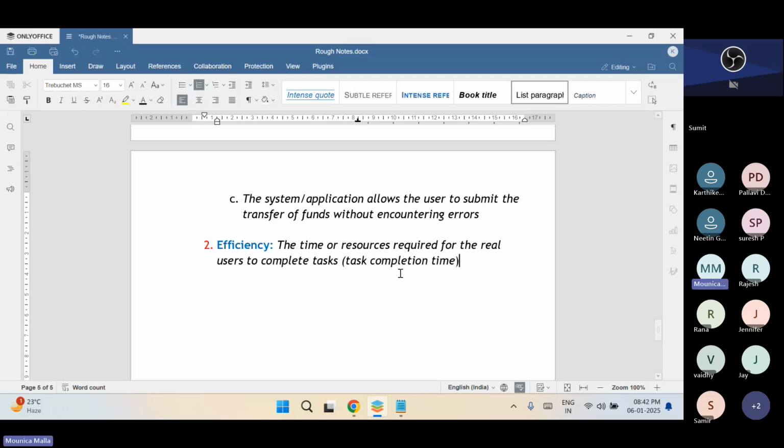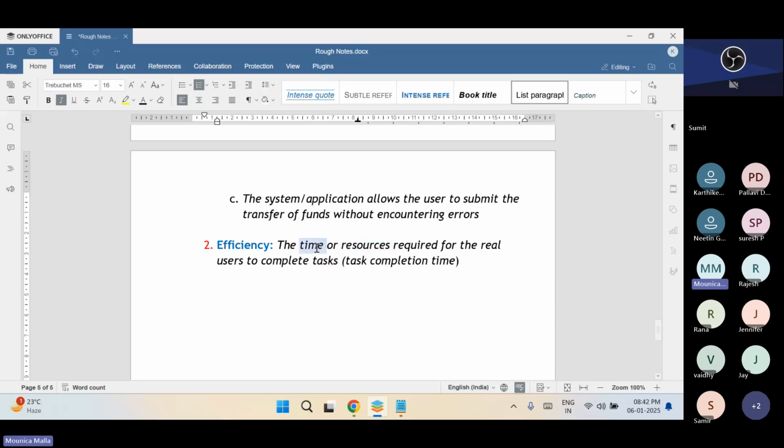Now, instead of feeling proud that I completed the course as per your request, I can simply say that Kiran can complete the course in 20 days instead of 30 days. That is nothing but task completion time, because my task is to complete the training, right? So here in efficiency, the definition is how much time the users are taking and what resources are they taking to complete a task.